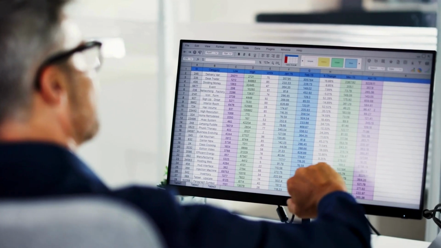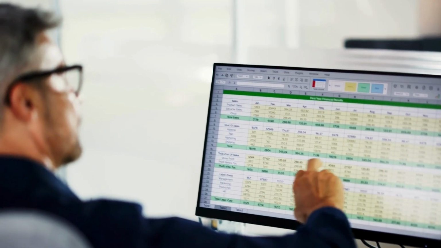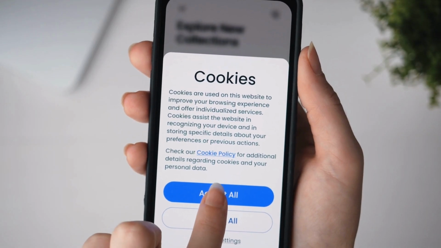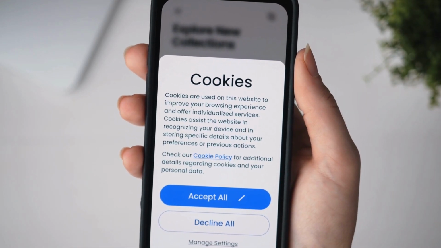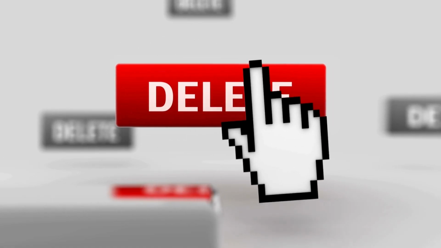As far as GDPR compliance is concerned, you must obtain explicit consent before collecting personal data from donors. Provide individuals with the right to access or delete their information upon request.